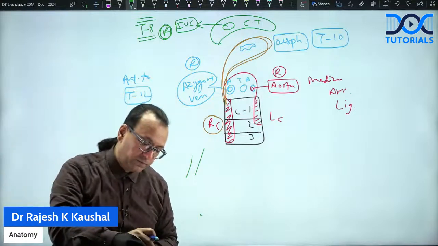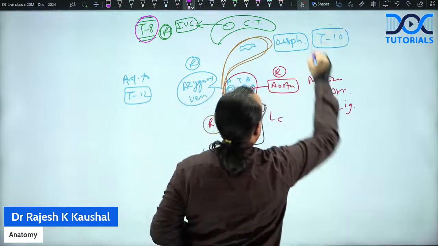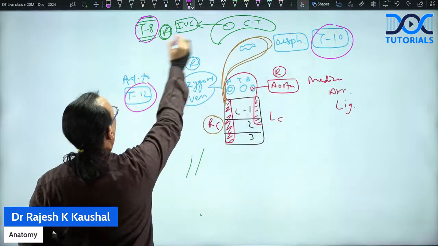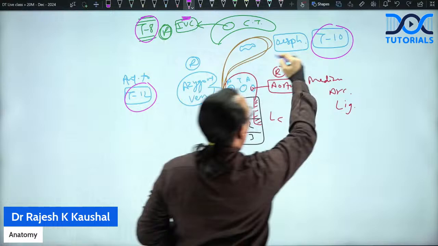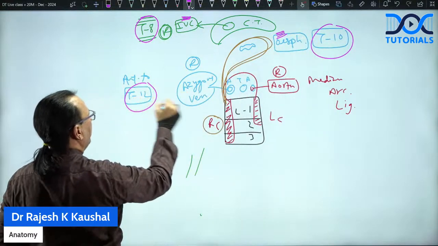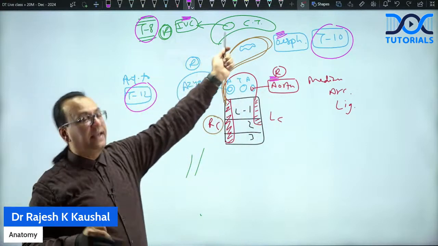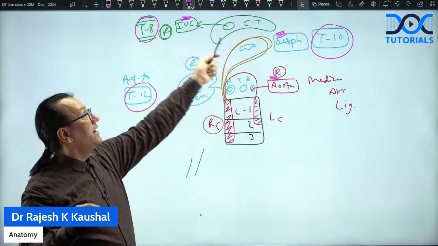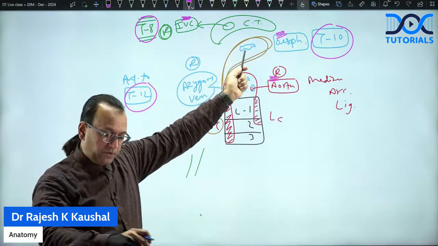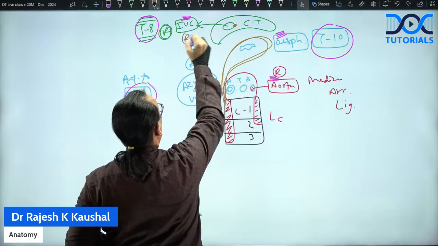So as I told you, voice of anatomy: V for inferior vena cava, O for esophagus, and T12 A for the aorta. And this inferior vena cava, which is passing through the central tendon, will be accompanied by the right phrenic nerve.